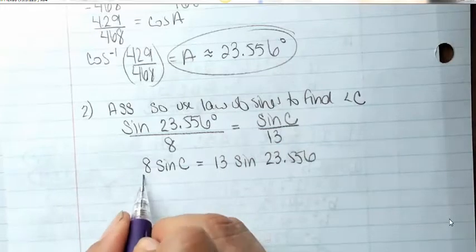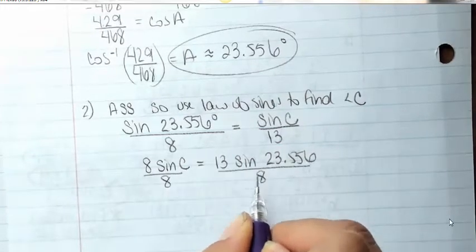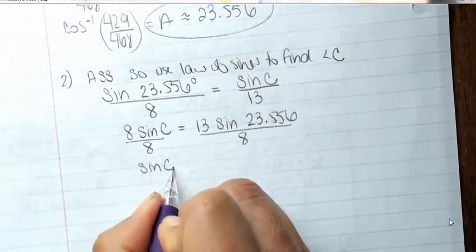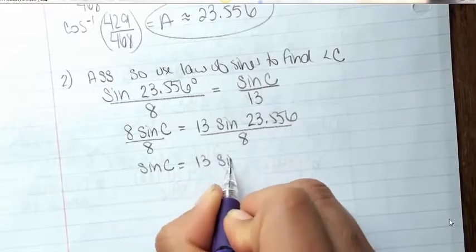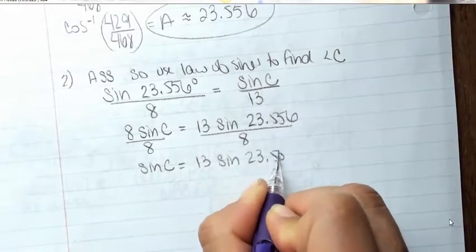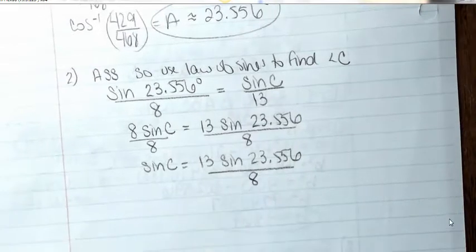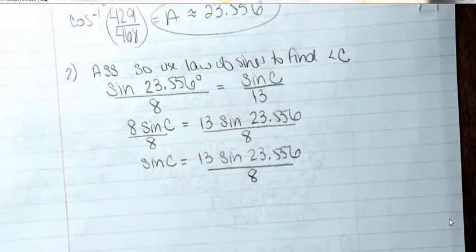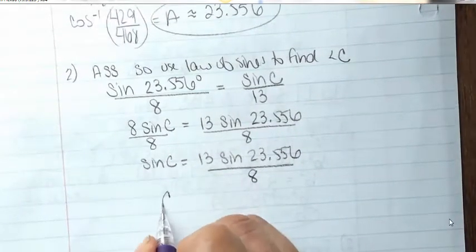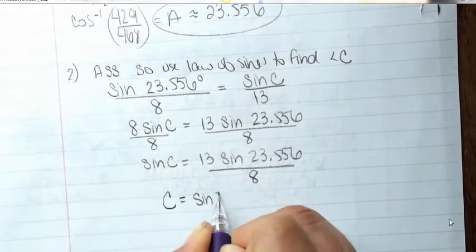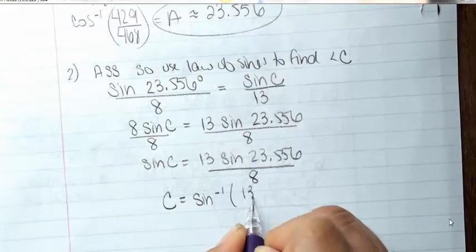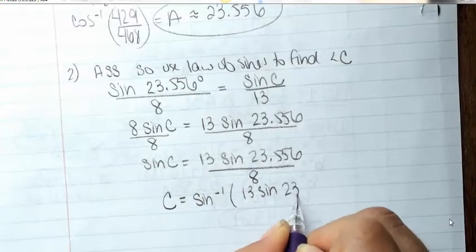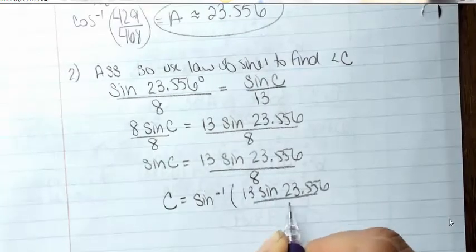So the first thing I'm going to do is divide by 8. So now I got sine of C equals 13 sine of 23.556 all over 8. And now I'll do sine inverse of both sides. So I get C equals sine inverse of this, 13 sine 23.556 over 8.